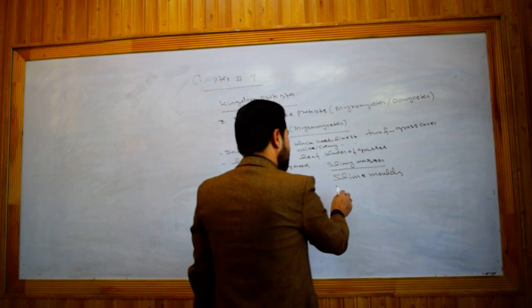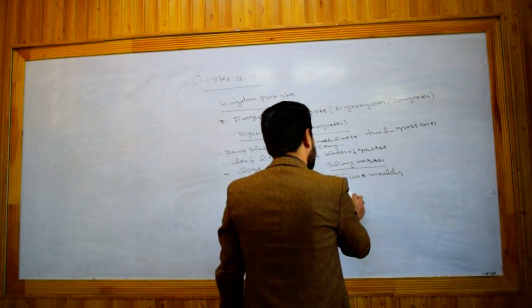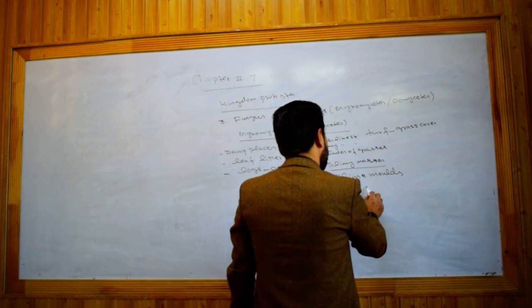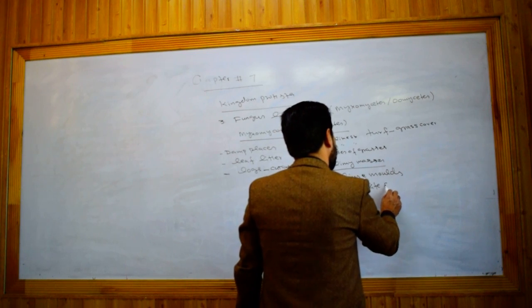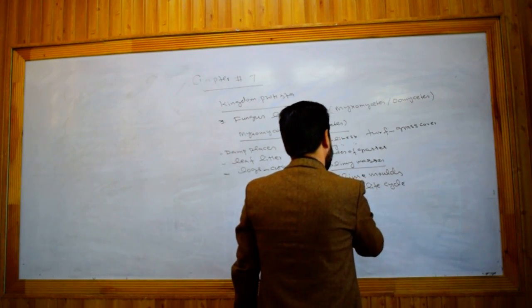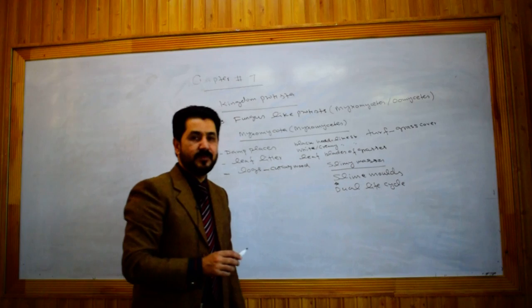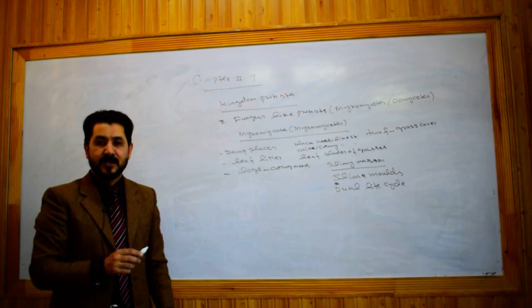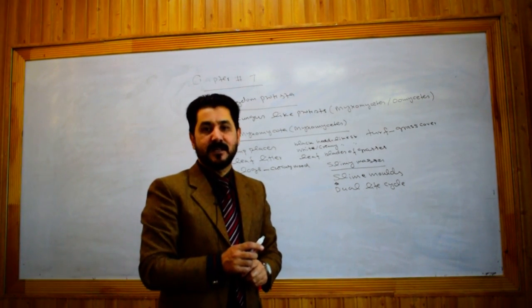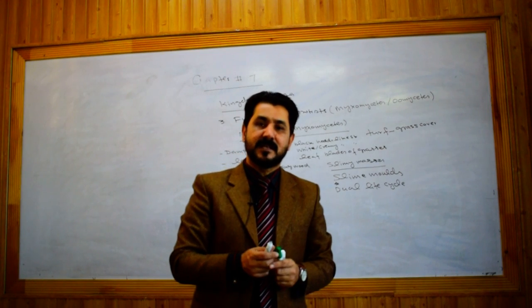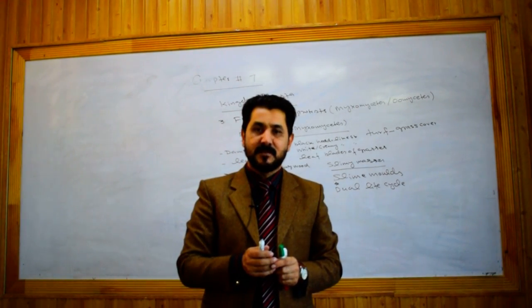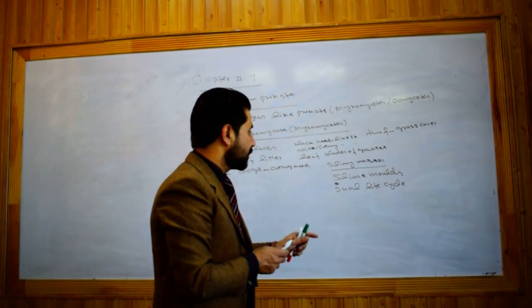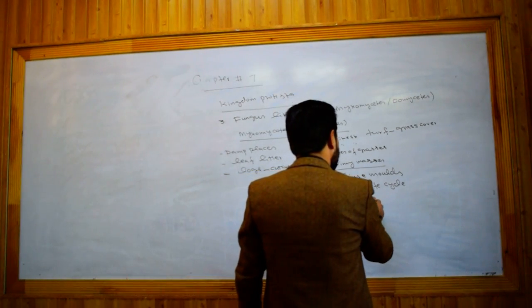The slime molds are unique because they show a dual life cycle. By dual life cycle, we mean that at one stage of their life cycle they behave like animals, and at the other stage of their life cycle they behave like fungi. So they are dual in their life cycle.